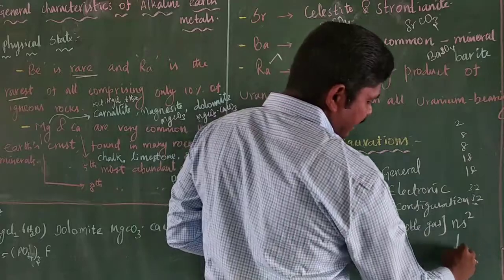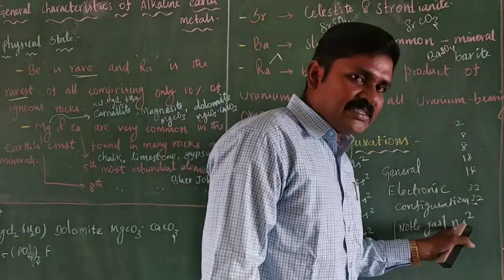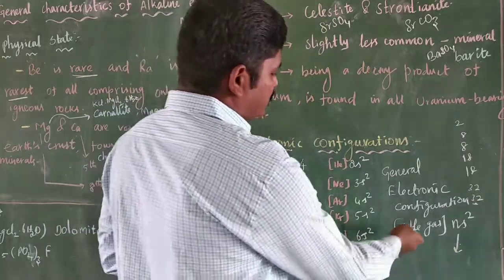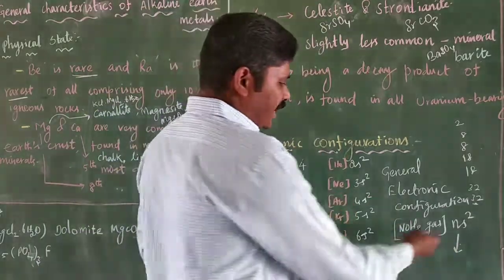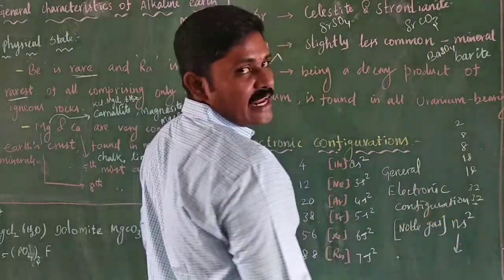The n represents the valence shell. So the common electronic configuration of alkaline earth metals is ns2, preceded by the noble gas electronic configuration.